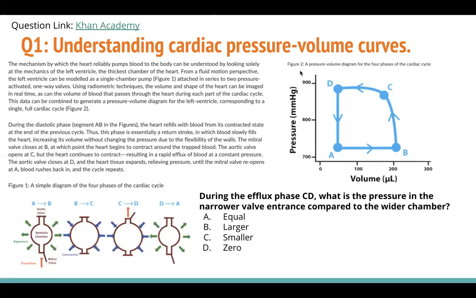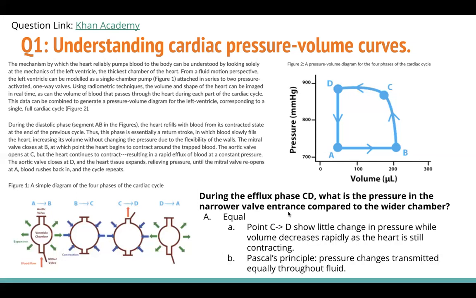Okay, so let's talk about this. I mentioned before that if you look at this diagram, CD, you can see that the pressure is very, very nearly constant. That means that the pressure in the narrower valve entrance compared to the wider chamber is equal. This is because the blood can flow out.